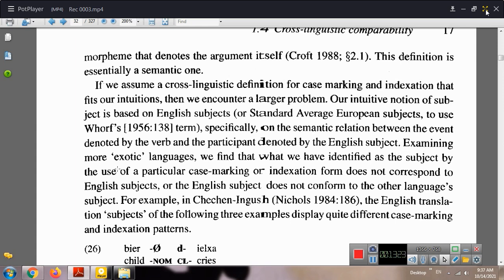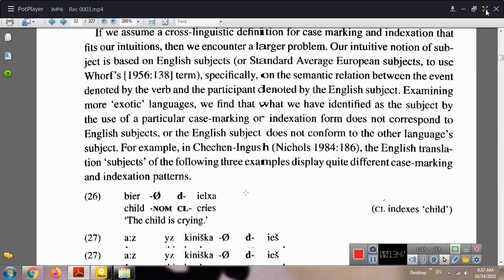Examining more exotic languages, we find that what we have identified as the subject by the use of a particular case marking or indexation form doesn't correspond to English subjects, or the English subject doesn't conform to the other language's subject. For example, in Chechen, the English translation subjects of the following three examples display quite different case marking and indexation patterns.